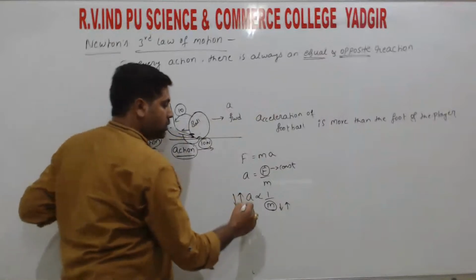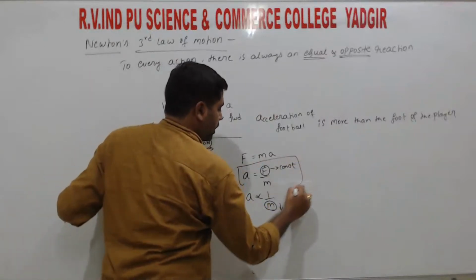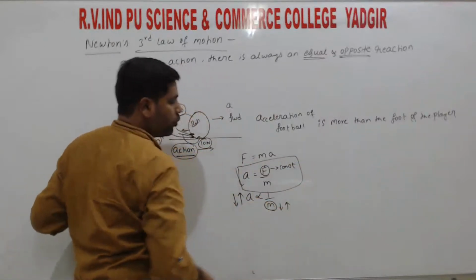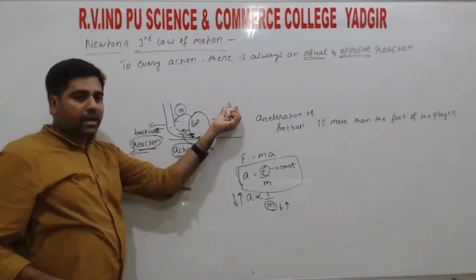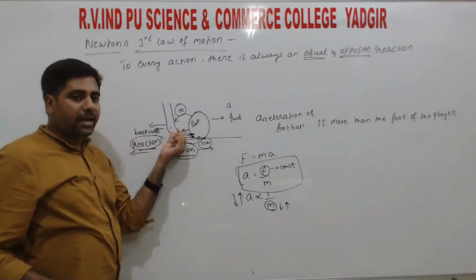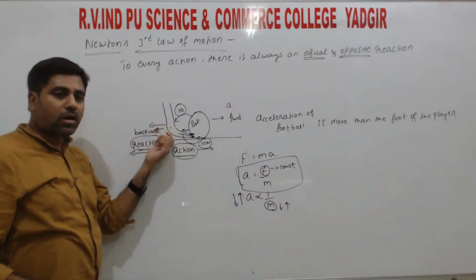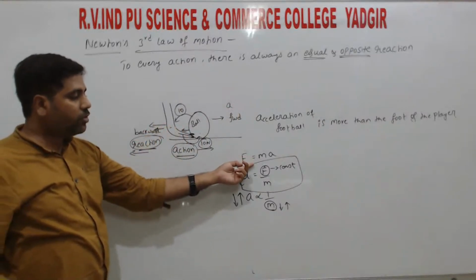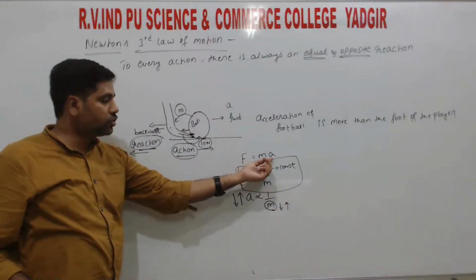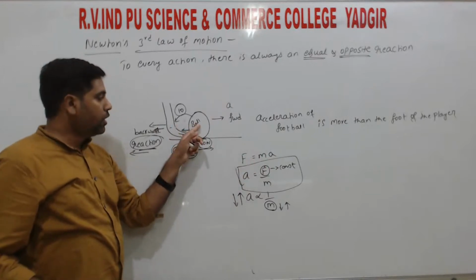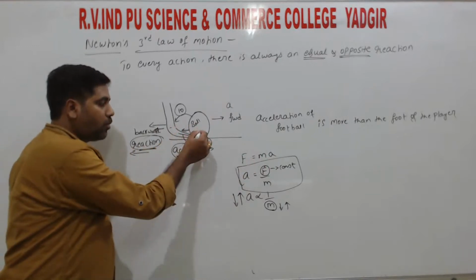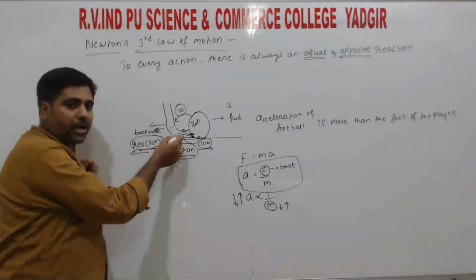So here we discussed a is inversely proportional to m, right? So the ball moves with a greater acceleration and the leg moves backward with a smaller acceleration. That is again from Newton's second law of motion, F is equals to ma, and here the applied force is constant. So the force which is applied on the ball is the same as the force applied on the leg.